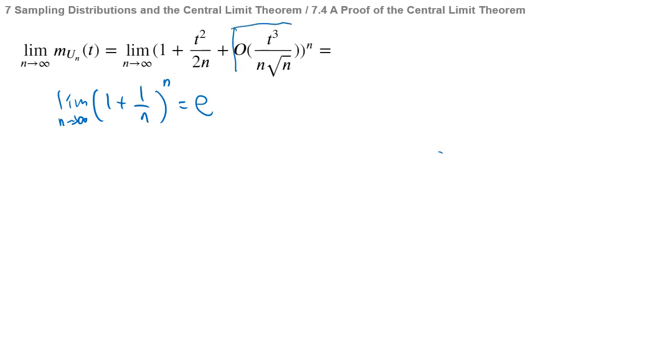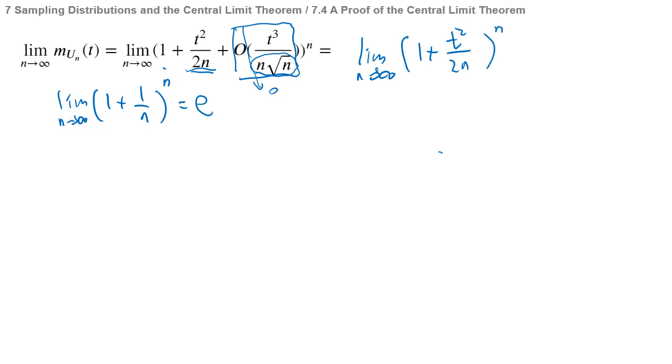This term goes to 0 faster than this term, so it becomes negligible. So we calculate the limit as n goes to infinity of (1 plus t squared divided by 2n) to the nth.